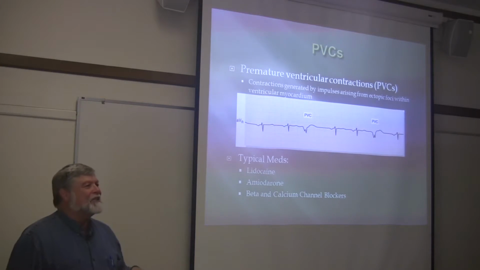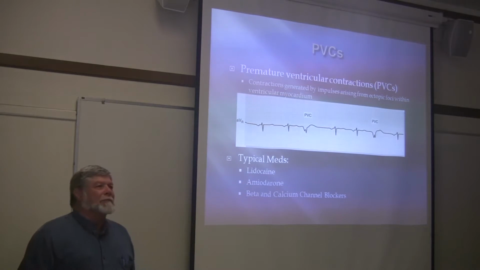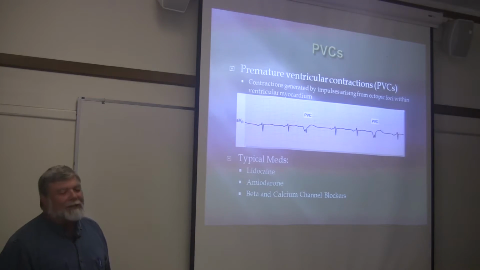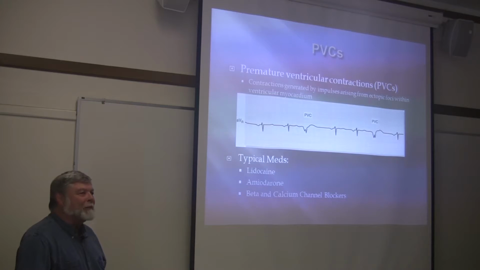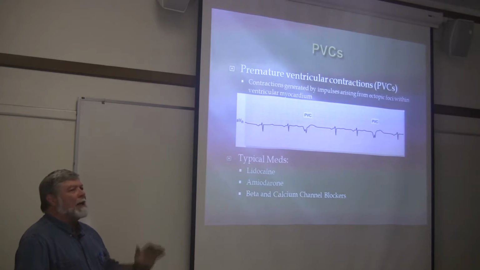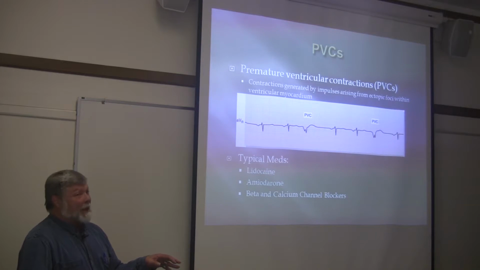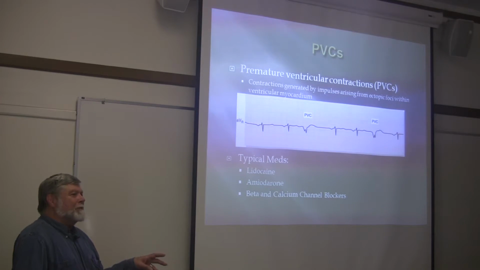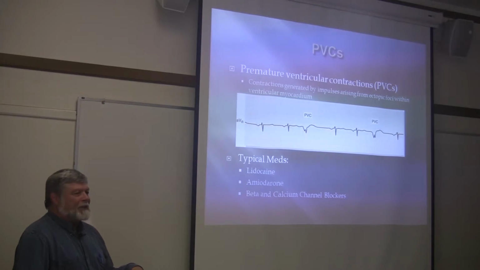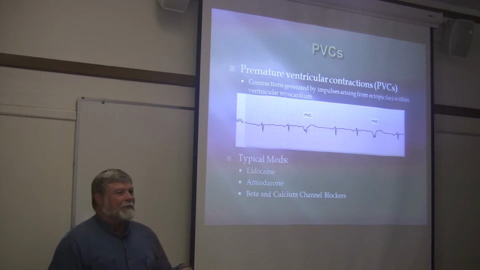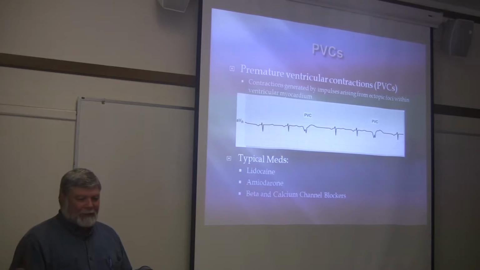PVCs. A single PVC, it's like, okay, fine, who cares? Well, it's not quite that cavalier, but we all have random PVCs, pretty much everybody. If it just happens to be at a bad moment, you're that unfortunate basketball player for the high school or college team, and then you go down.